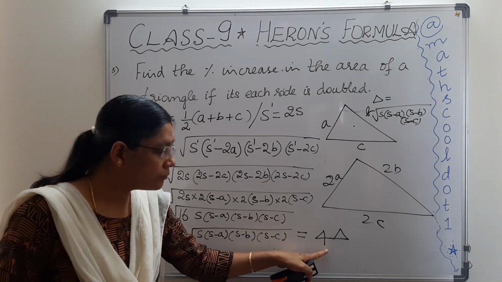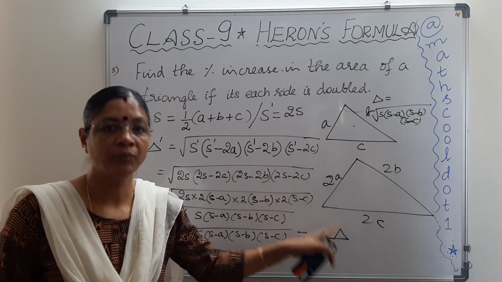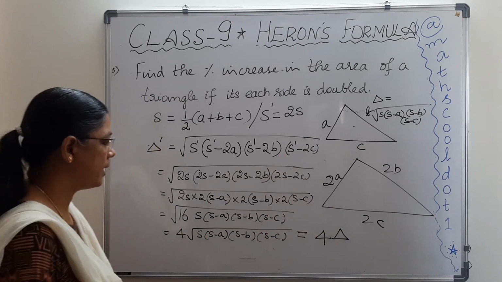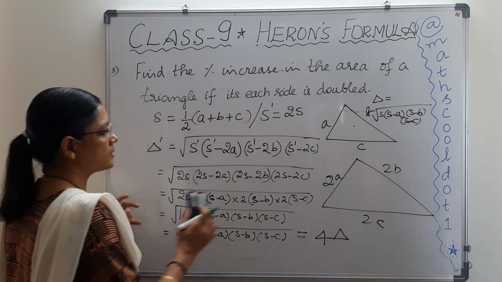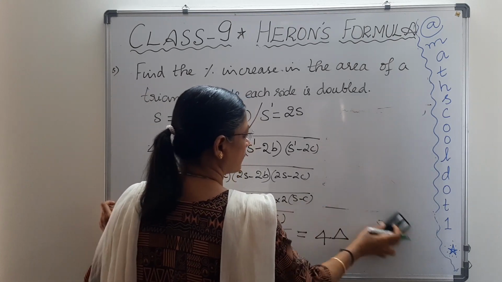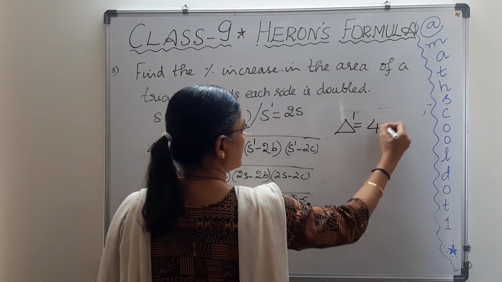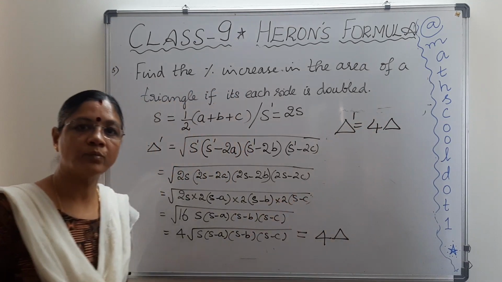So this becomes 4 into delta. Delta is the area of the original triangle. Okay, so now we will rewrite this. See, del dash, the changed area, is equal to 4 times the original area.